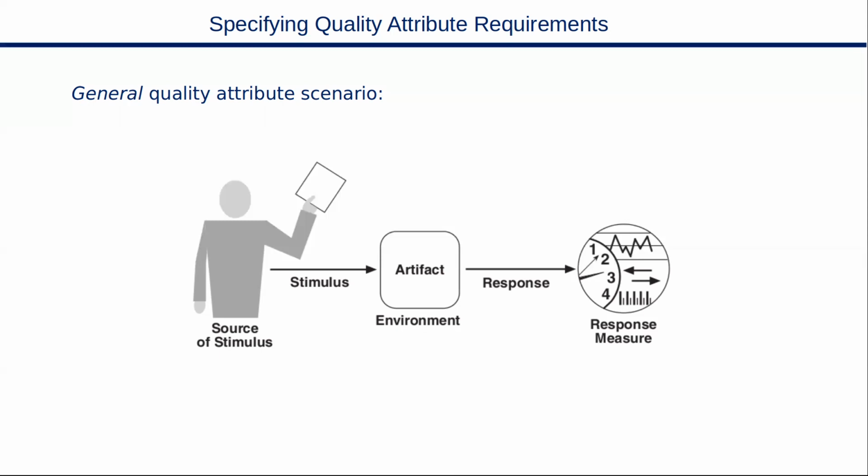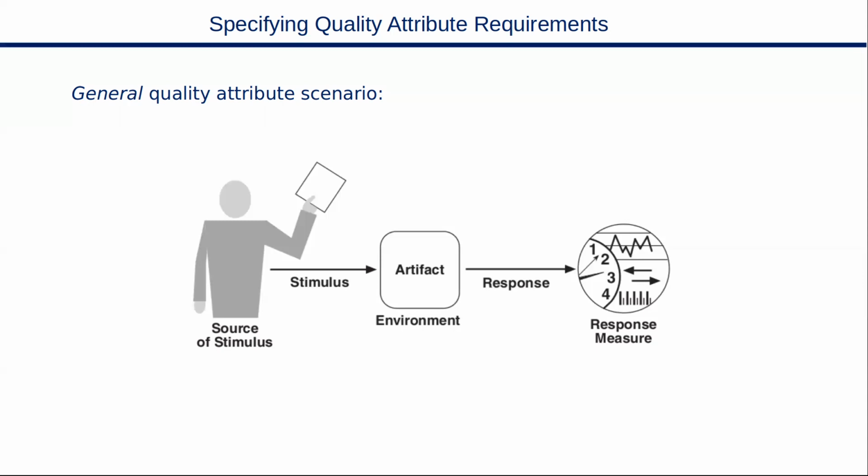So how should they understand performance? From the perspective of what kind of stimulus it was, for what artifacts, in which environment, what response we should expect from this stimulus, and how we can measure our response. Based on that, it will be much more clear whether the system is performant, or satisfies these performance needs, or satisfies availability requirements, and so on.